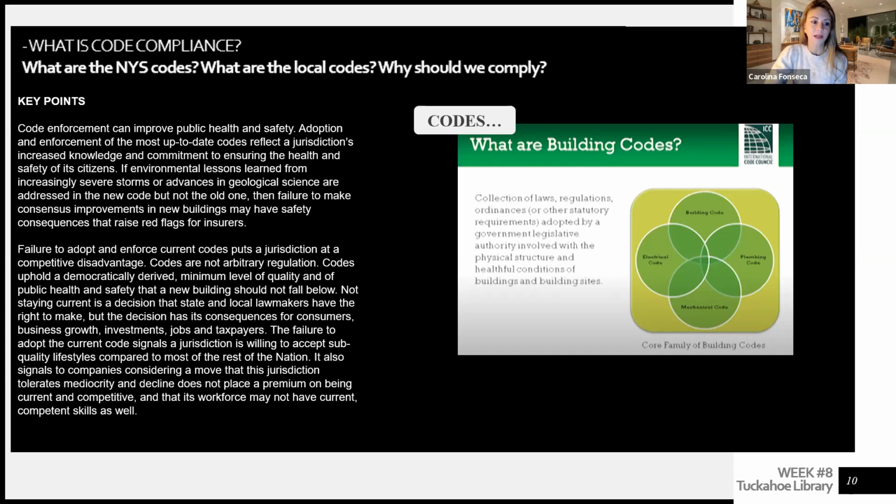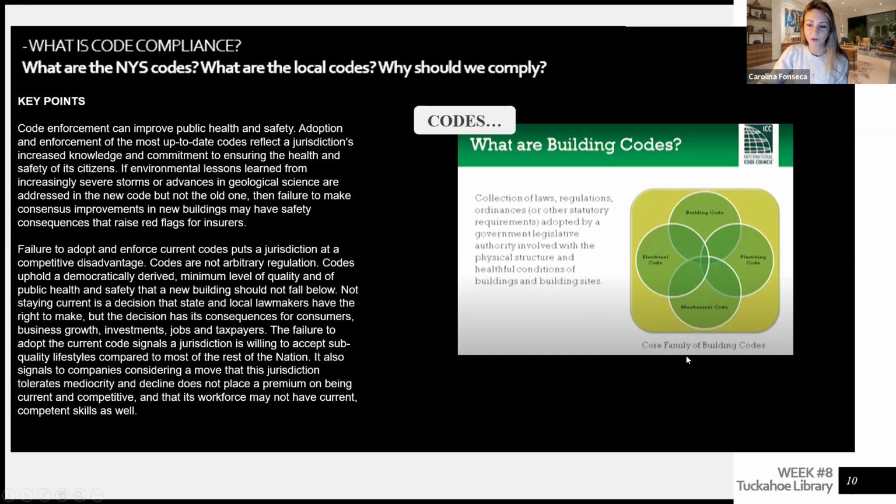They uphold a democratically derived minimum level of quality and public health and safety for buildings. It's a collection of laws, regulations, ordinances, or other statutory requirements adopted by a government legislative authority involved with the physical structure and healthful conditions of buildings and building sites.